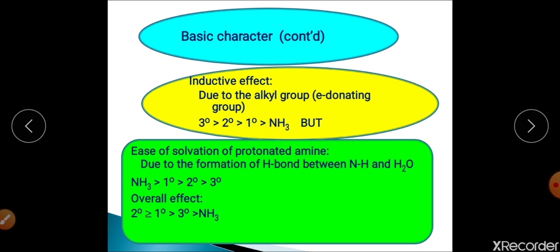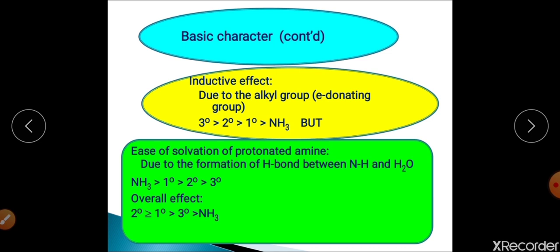But what will happen if we are talking about the solvation effect, meaning the basicity of the protonated amine in aqueous solution? At that time the basicity will have this kind of order: ammonia will be more basic as compared to primary, as compared to secondary, as compared to tertiary.